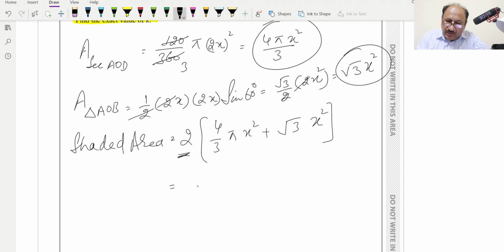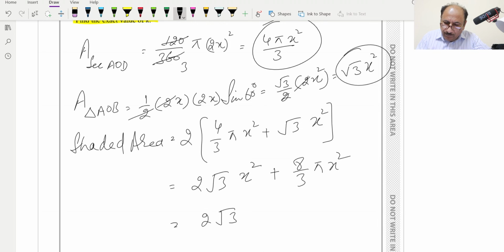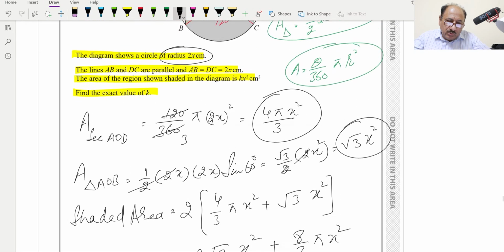So this will be 2 root 3 x squared, and plus 8 by 3 pi x squared, and x squared we can take common, so inside will be 2 root 3 plus 8 by 3 pi, and this will be times x squared.